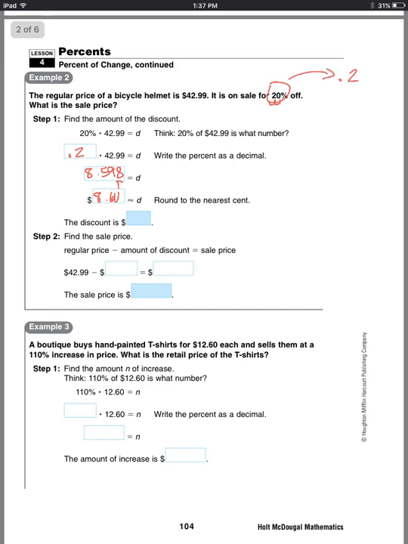So the discount we get off of that helmet, or what we don't have to pay, is $8.60. But that still doesn't tell us what we need to pay the cashier. So we need to take the regular price of $42.99 minus the amount of the discount, which was $8.60, and that will give us the sale price of $34.39.